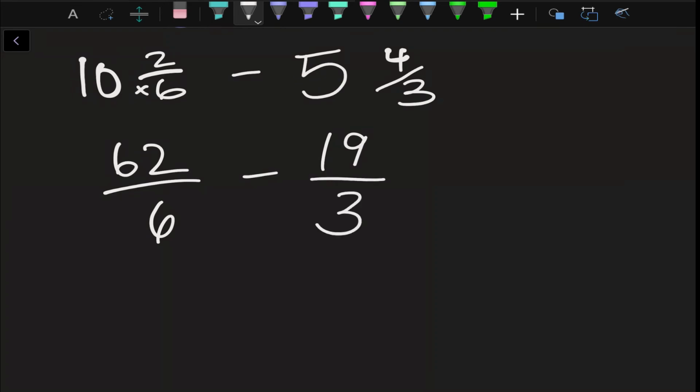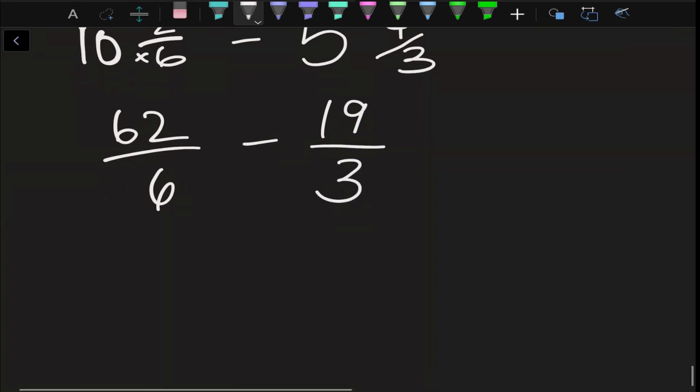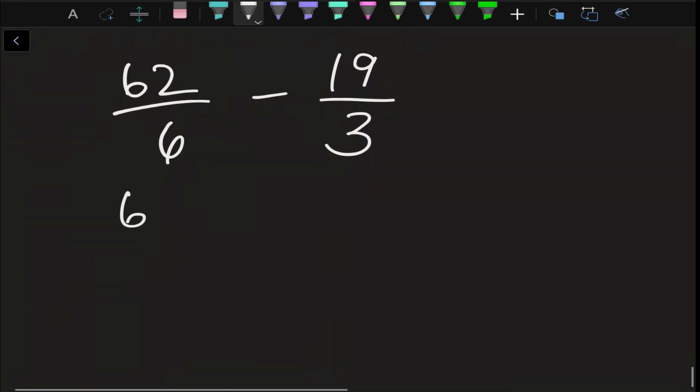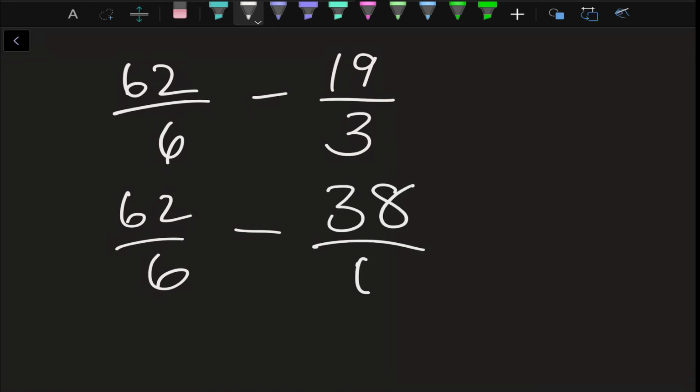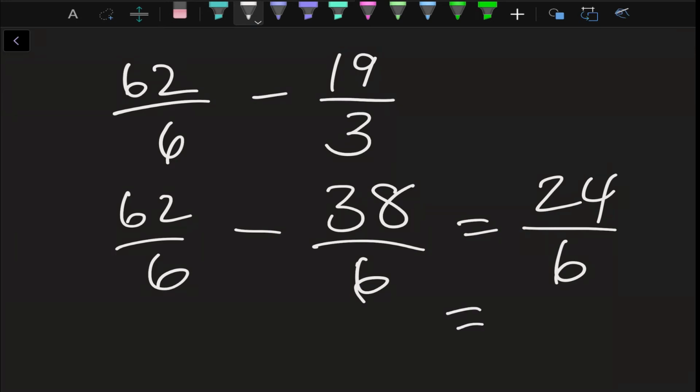And you'd, of course, still do the same thing, right? You're just multiplying by 2, so it'd be 62 over 6 minus 19 times 2 is 38 over 6, which gives us 24 over 6, which is just 4.